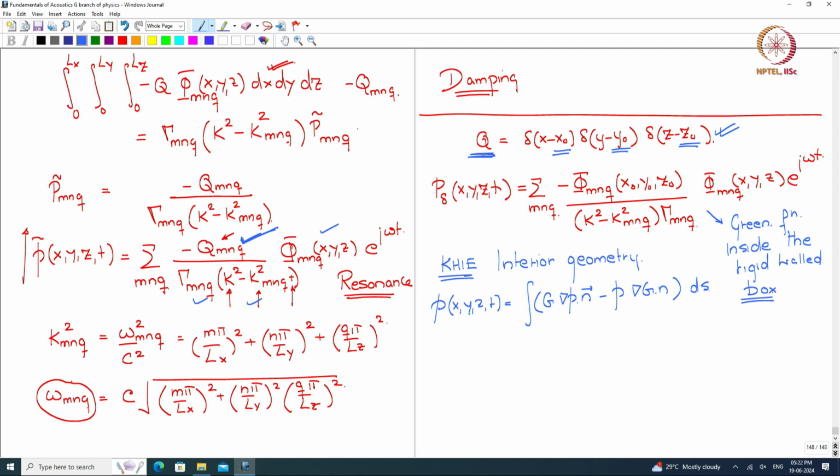That's true, right? This is a spatial impulse, and that's what Q is in this case. Then this is the response to that Q, so this must be the green function.